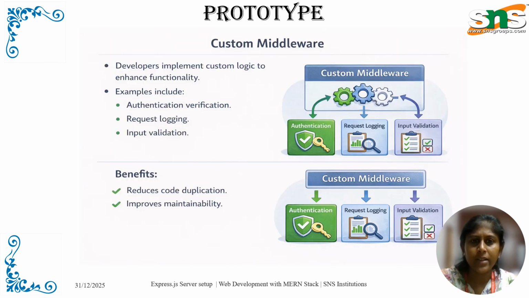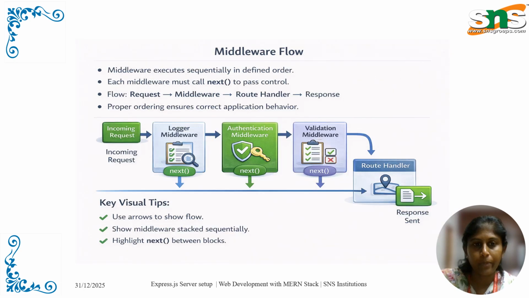So now let us understand middleware. Middleware is a function that has access to the request object, response object, and next function. So usually it runs between receiving the request and sending the response. It acts like a checkpoint in the request lifecycle, as I said before. So let us understand how middleware works.